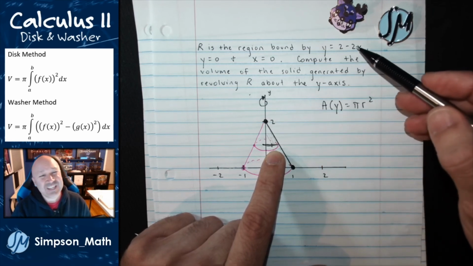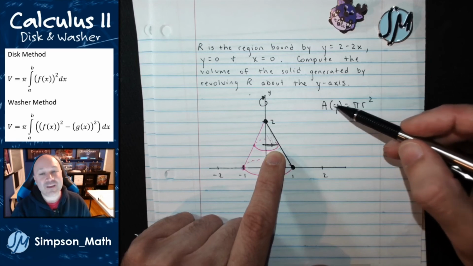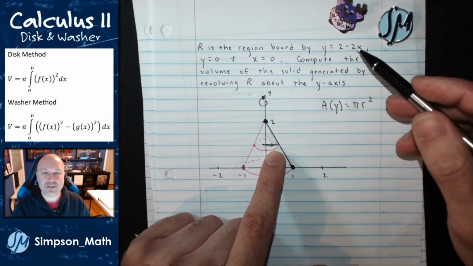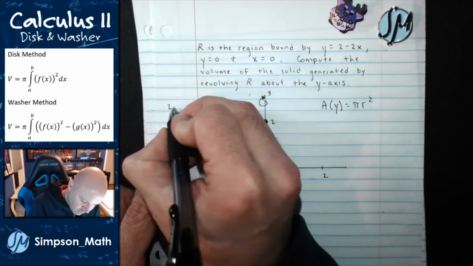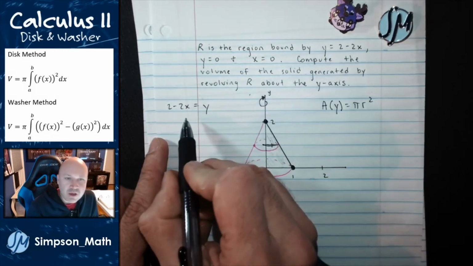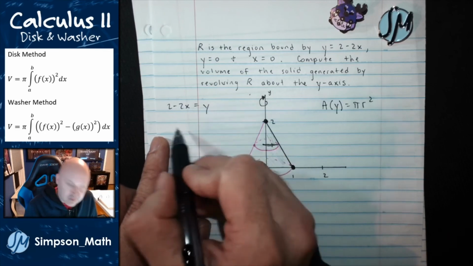Let's see. This equation is solved in terms of x. For a of y, I really need to solve this in terms of y. So I need to solve this for x. I think to do that, I will add the 2x over and subtract the y.